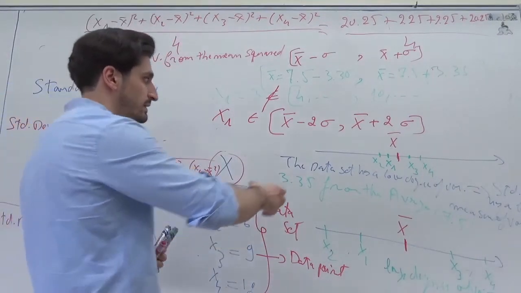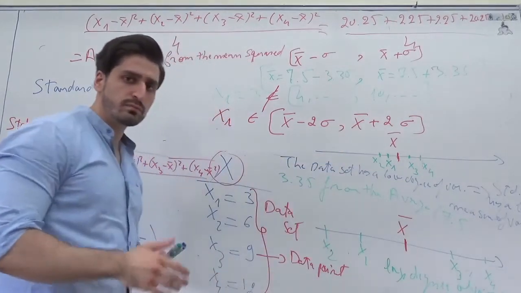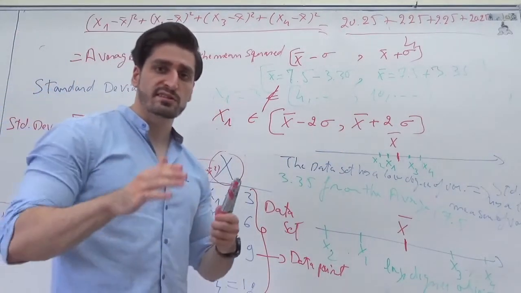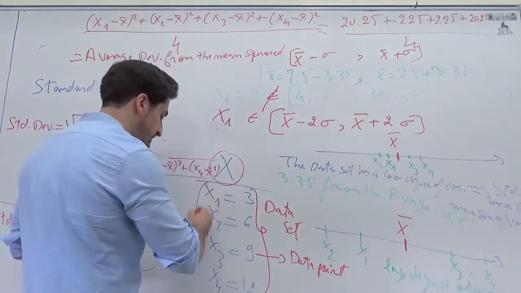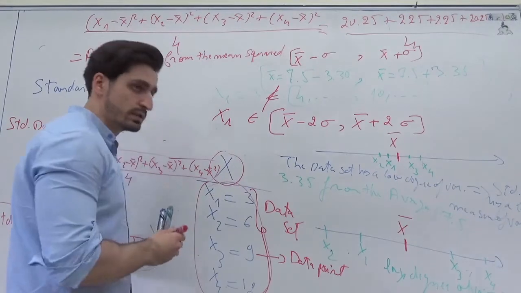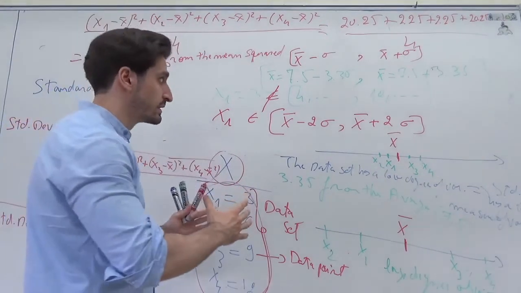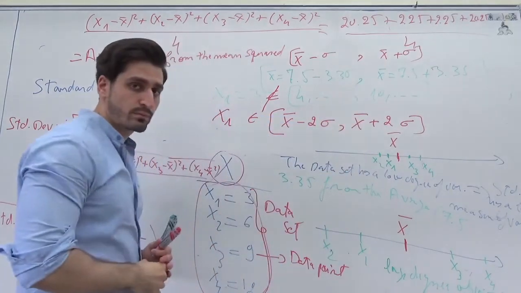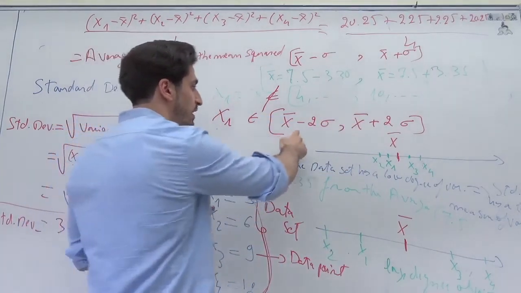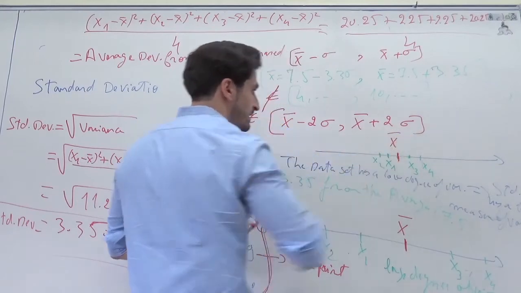So the point behind all of these intervals is to find a certain margin, a certain range where your entire data points are going to be included. Are they all going to be included in x bar minus 1 sigma and x bar plus 1 sigma? Or in x bar minus 2 times sigma and x bar plus 2 times sigma?